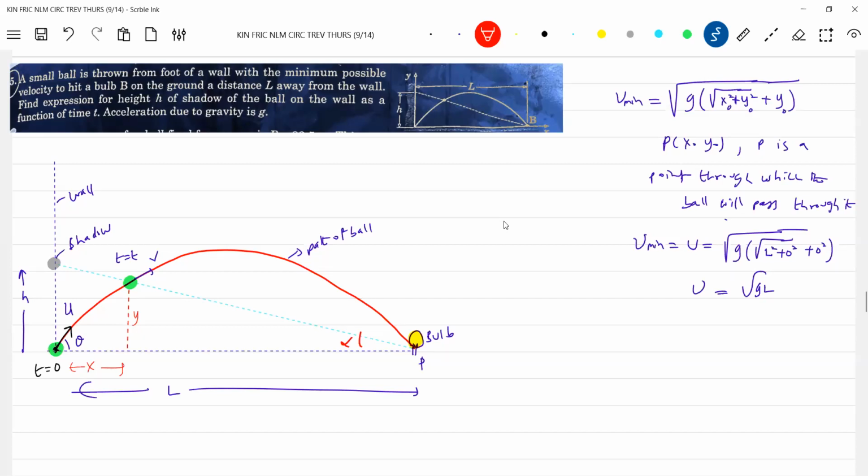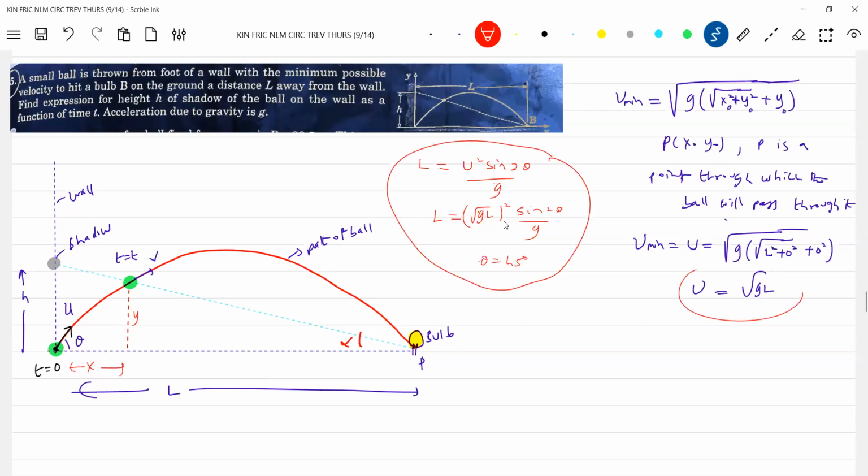L is equal to u square sine 2 theta by g. So theta is 45 degrees. So I got this angle, and the speed has to be calculated. And that's what we did.